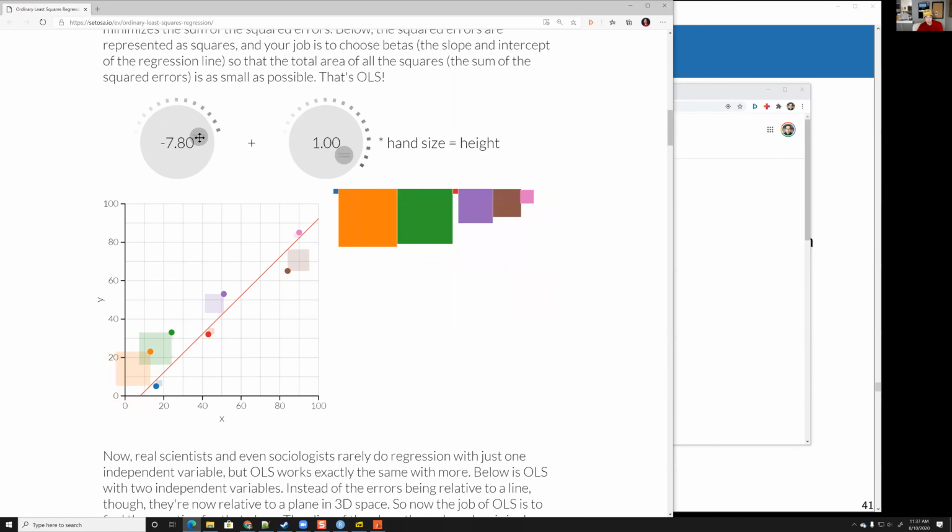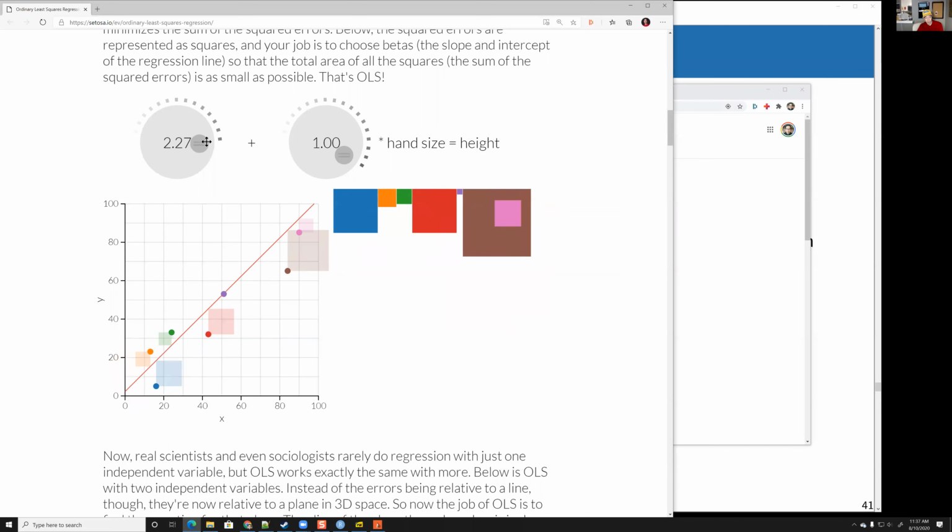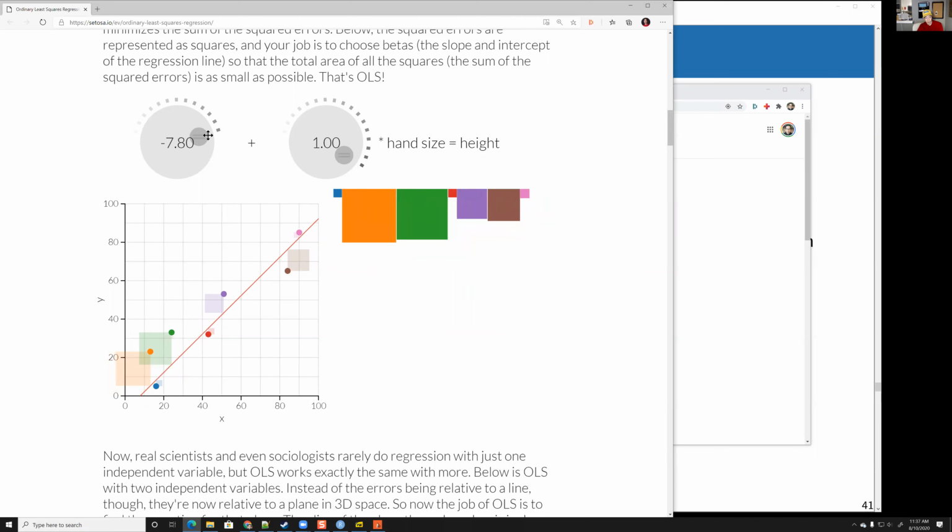So we're looking for a line that minimizes the total size of all of these squared residuals.